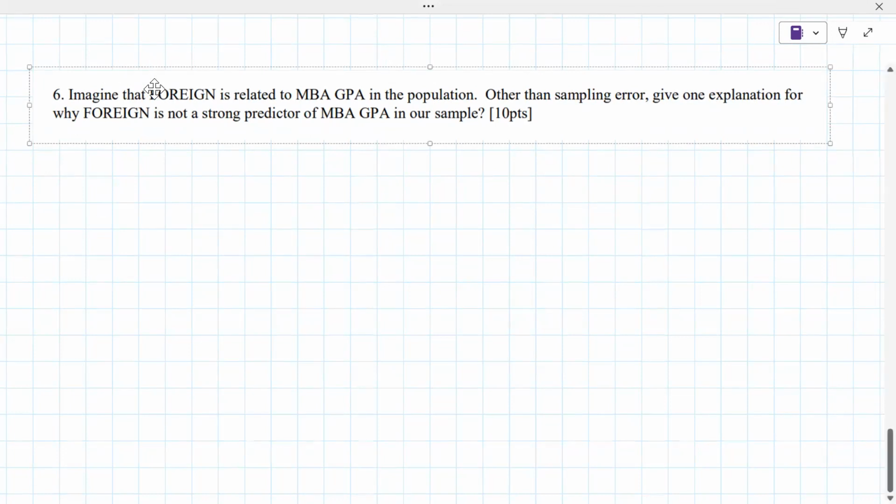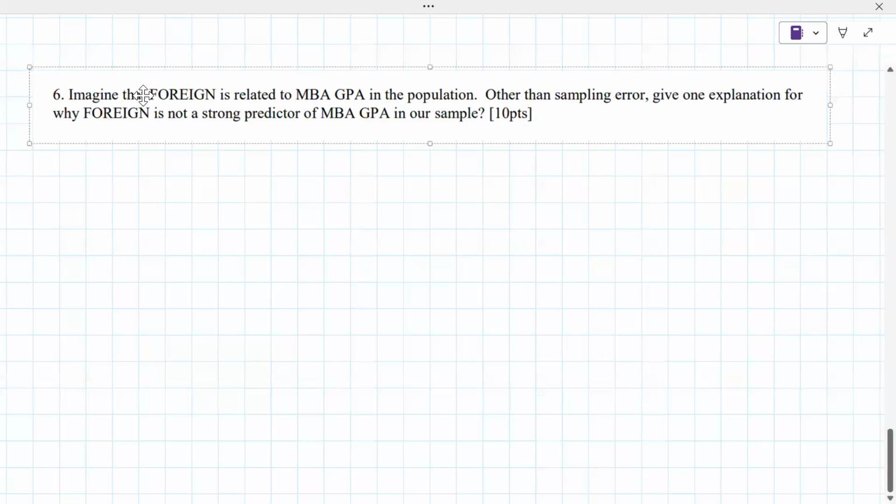Imagine that foreign is related to MBA GPA in the population. Other than sampling error, give one explanation for why foreign is not a strong predictor of MBA GPA in our sample.